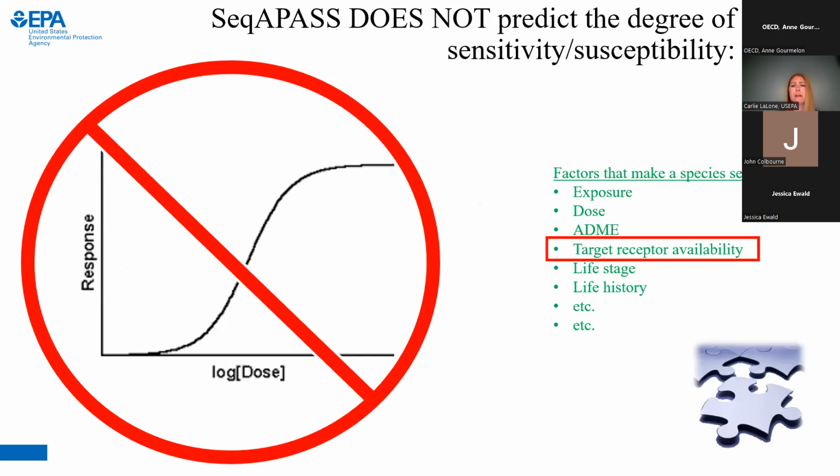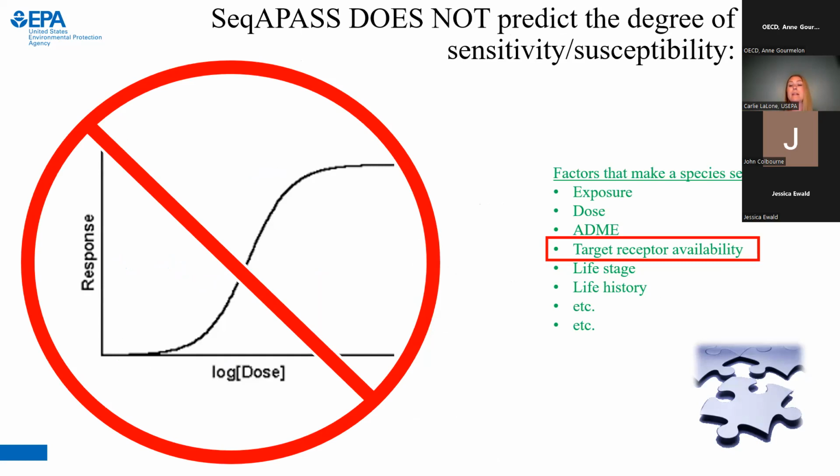So I think I have to be very clear about the SeqAPASS tool and what specifically we're predicting. We're really asking a very simple question of whether or not a specific protein target is available in another species for that chemical to act upon, or is it conserved in another species?